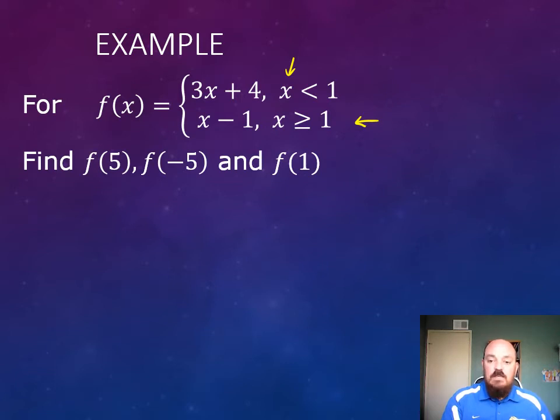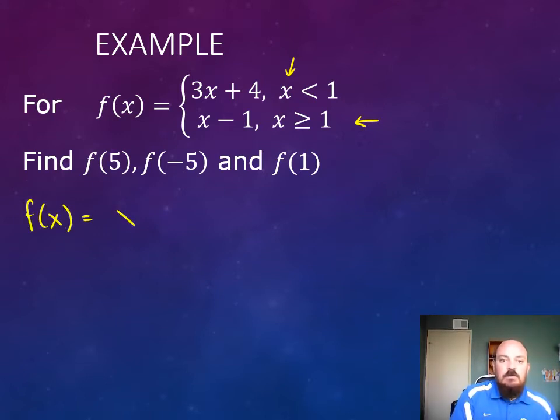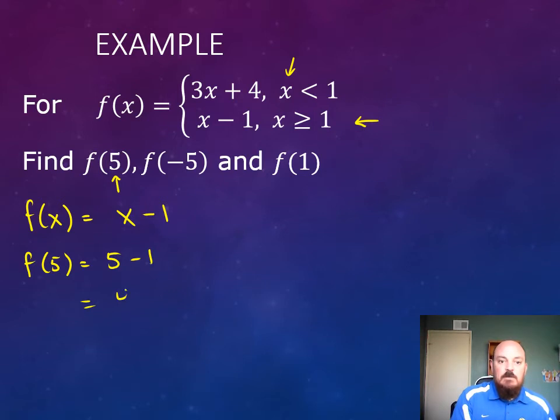Now 5, just like the 10 before, is greater than or equal to 1. So the equation I'm going to use is the bottom one, x minus 1. Once you figure that out, you still have to plug 5 in for x. So I get 5 minus 1, and my answer is 4. f of 5 equals 4.